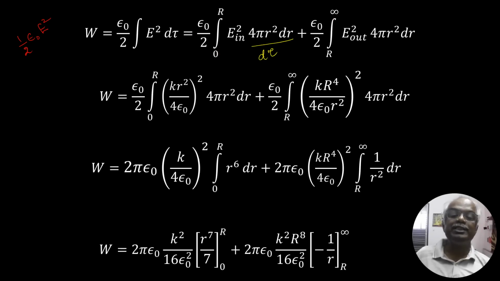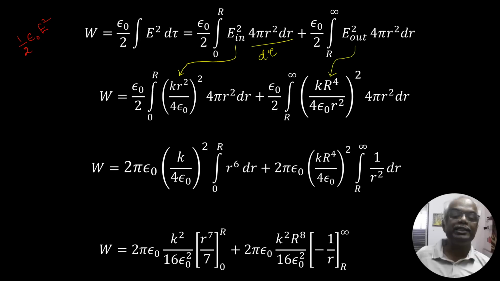We have seen E in is the term inside the bracket, that is k r squared over 4 epsilon naught, then you have to square this. Similarly, E out is this one, the term inside the bracket, that is k R power 4 over 4 epsilon naught r squared, whole squared, and you have that usual 4 pi r squared dr.